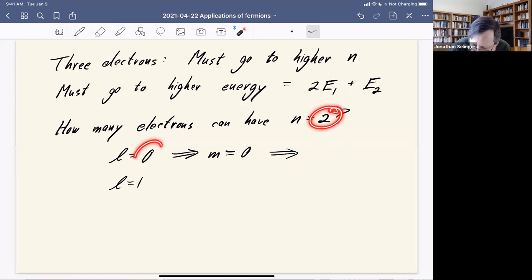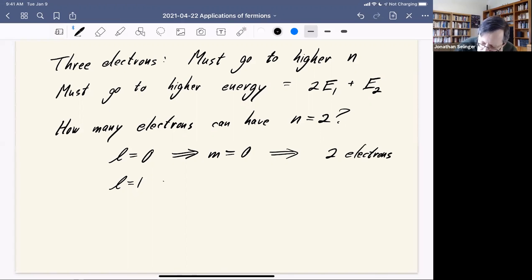And you can have 2 electrons in that position state because they can have opposite spin states. Okay? So that makes 2 electrons. And then when L equals 1, you can have M equals -1, 0, or 1.